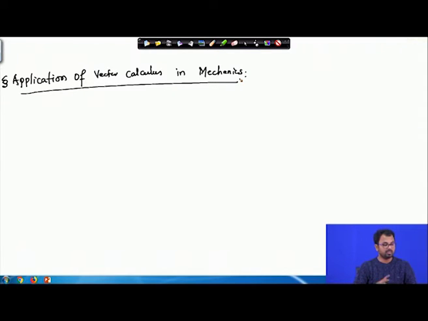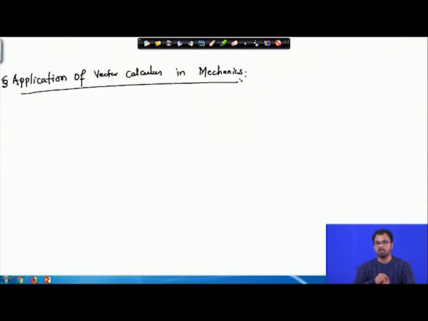A vector quantity has magnitude as well as direction, but a scalar quantity has only magnitude. So, when we talk about the motion of a particle or a body, we always talk about its direction, and that is when the concept of vectors comes in.